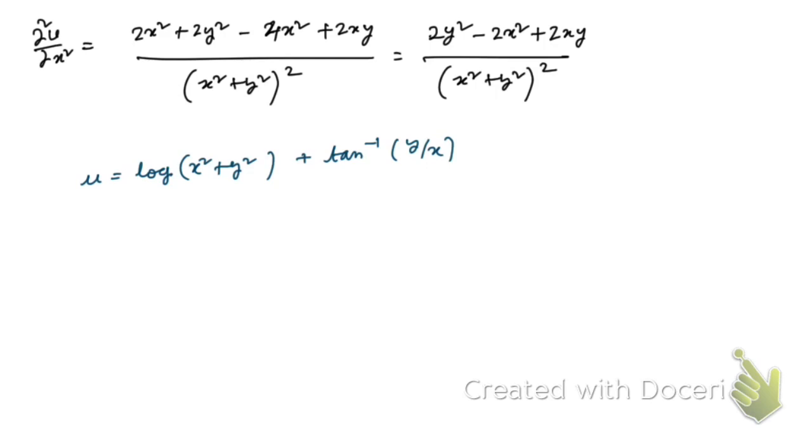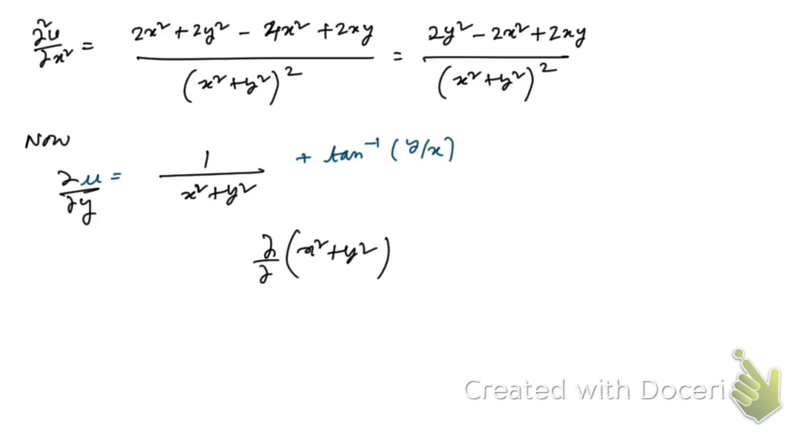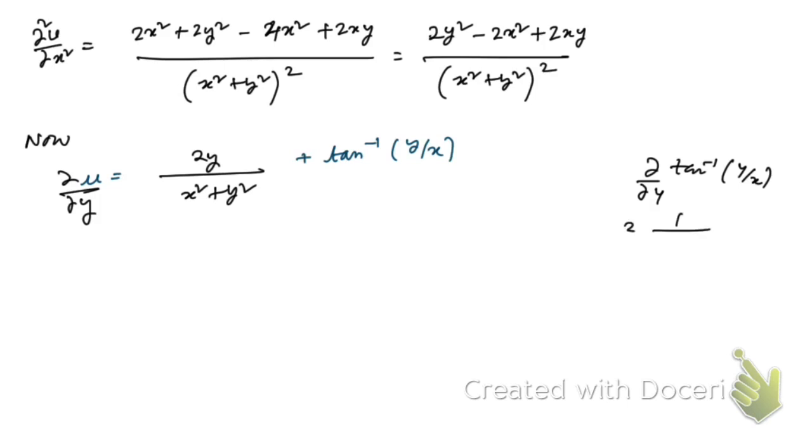Now if you differentiate with respect to y, again the derivative of this is 1 by x square plus y square, and the derivative of x square plus y square with respect to y is going to be twice y, right? So similarly, if you differentiate tan inverse y by x with respect to y, the derivative of this is 1 by 1 plus y by x whole square.